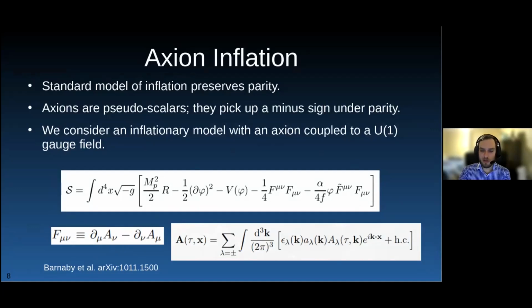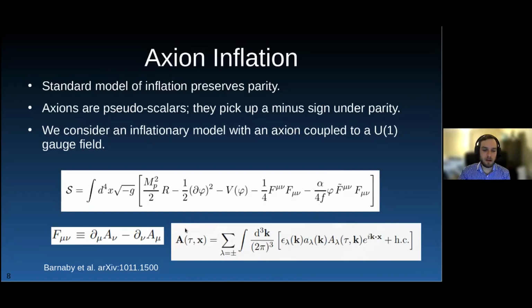So the important term in this action that we should focus on is this last term here, because it represents an interaction between the axion phi and the gauge field A. And this is a parity violating interaction, which could source our parity violation at late times.